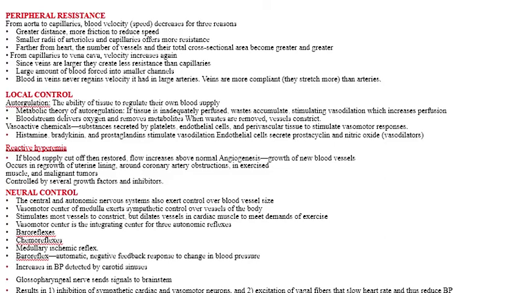The response is usually local, by histamine, bradykinin, and prostaglandin. These stimulate vasodilation, so there will be more waste excretion. And endothelial cells also secrete prostacyclin and nitric oxide, which dilate the vessels.